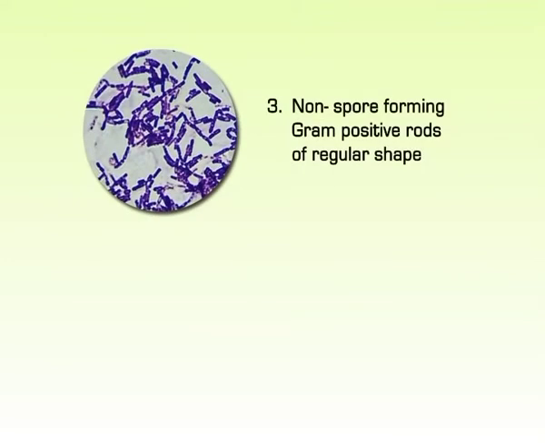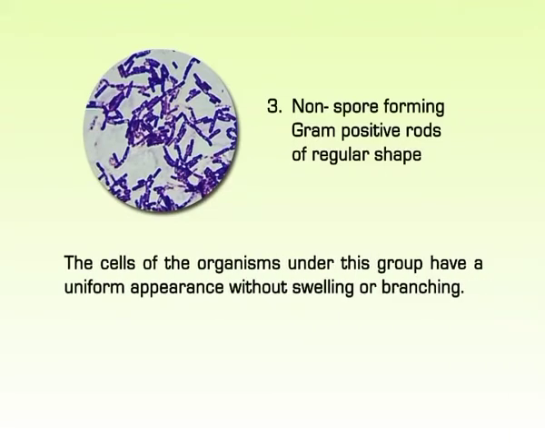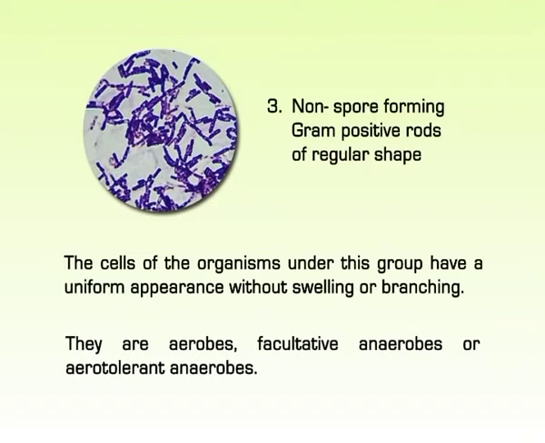The third one, non-spore-forming gram-positive rods of regular shape. The cells of the organisms under this group have a uniform appearance without swelling or branching. They are aerobes, facultative anaerobes, or aerotolerant anaerobes.